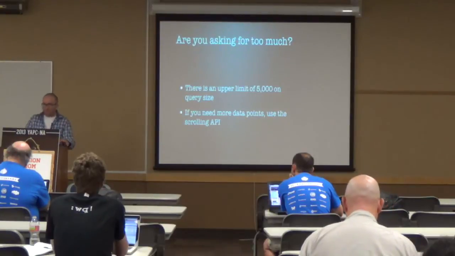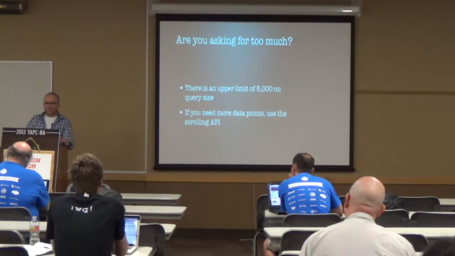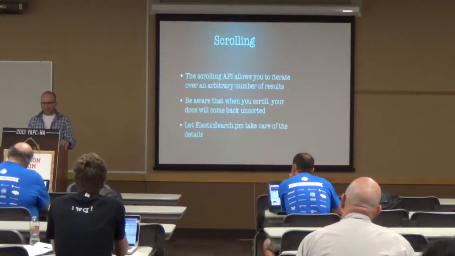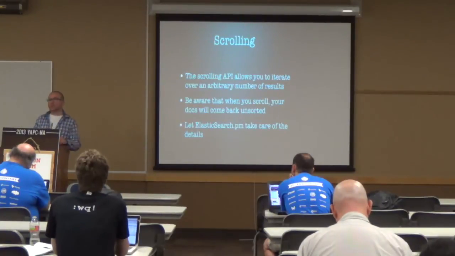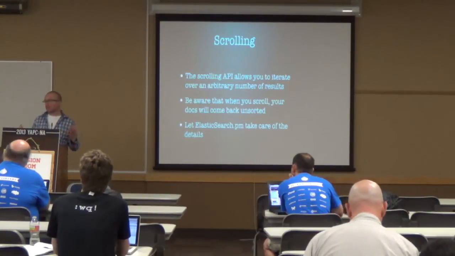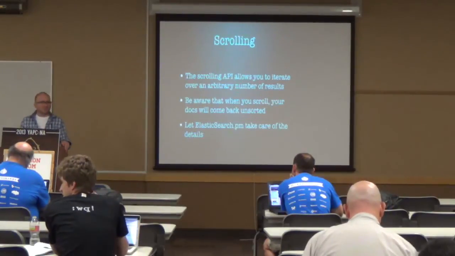The good part is you don't need to worry about any of this stuff. If you just use the Elasticsearch .pm module, it abstracts all this stuff away from you, and I'll show you a code sample for that in a bit. But essentially, just be aware that if you want more than 5,000 things, you need to scroll. Also be aware that if you're scrolling, you're getting everything anyway, so don't expect it in the order that you want it, just because there are resources involved with sorting things.